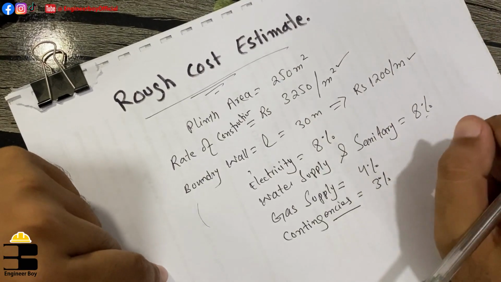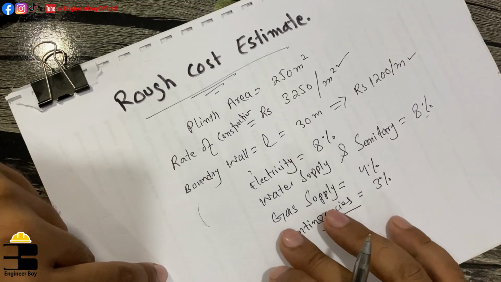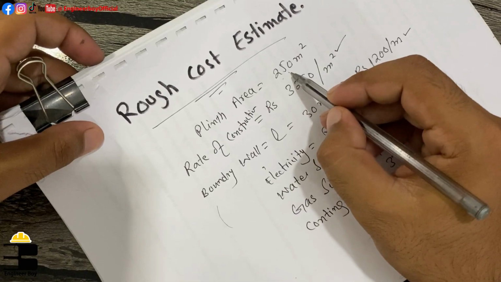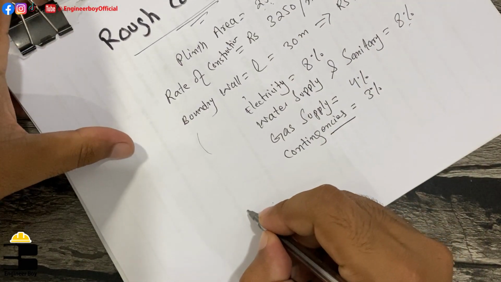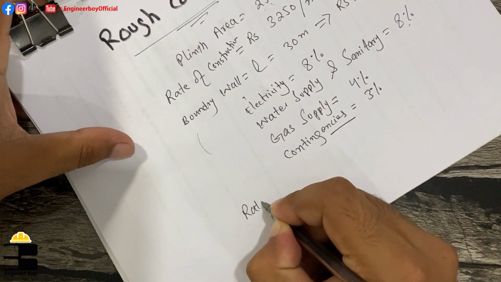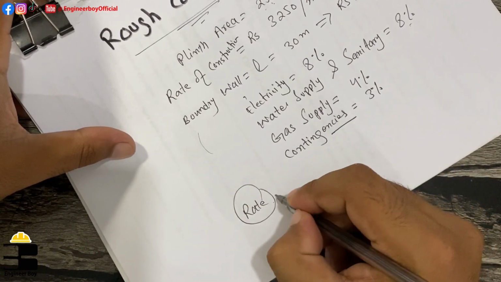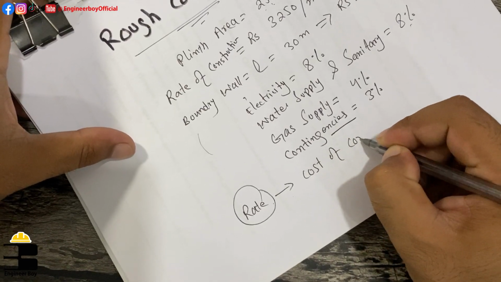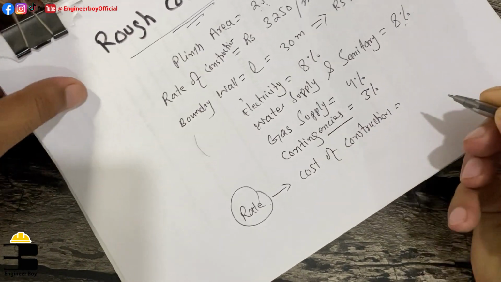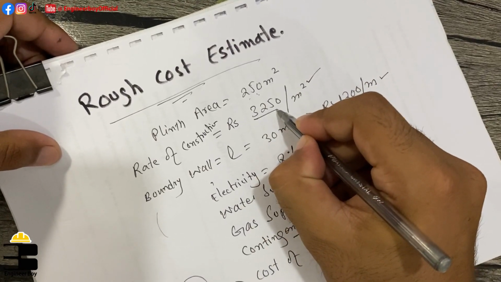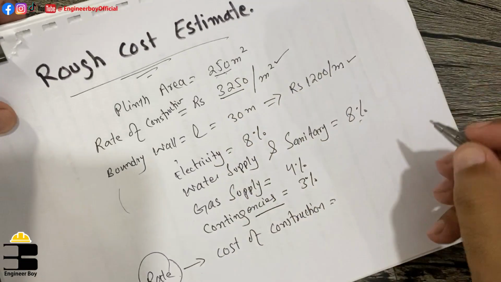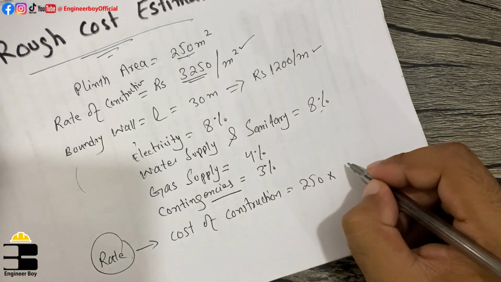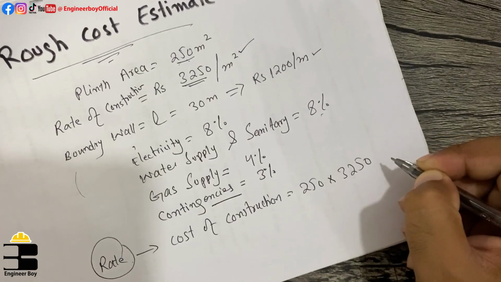So let's go ahead and determine the cost of construction for the plinth area, which is 250. That is the plinth area, 250 square meters, times the rate, which is 3250.